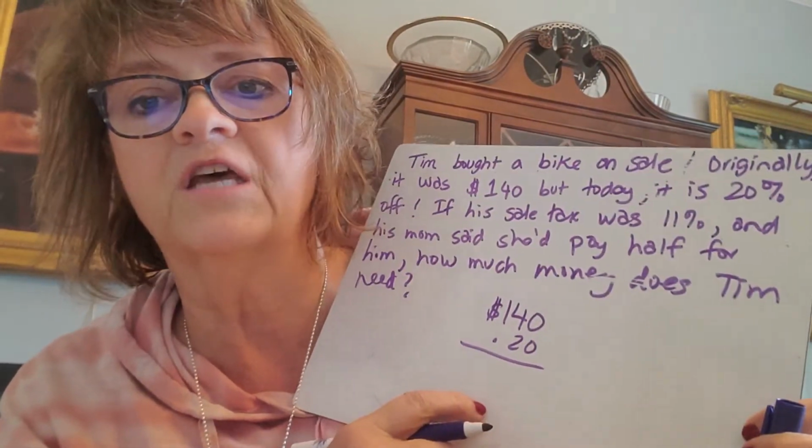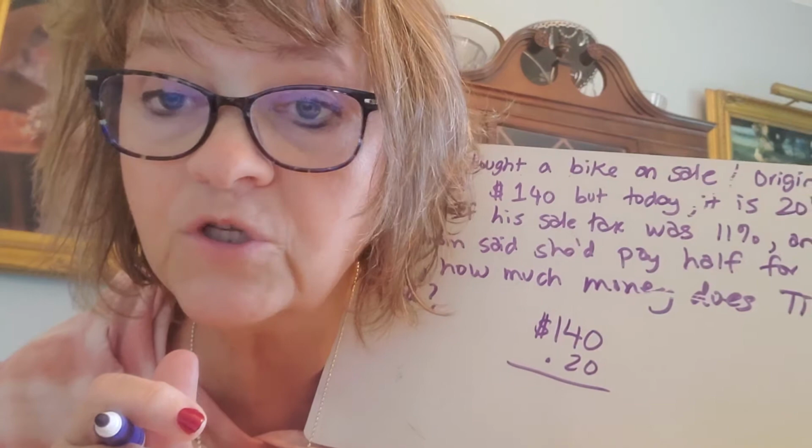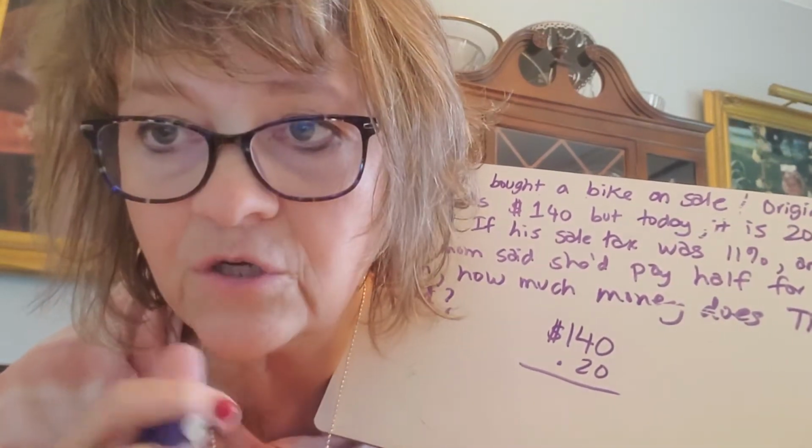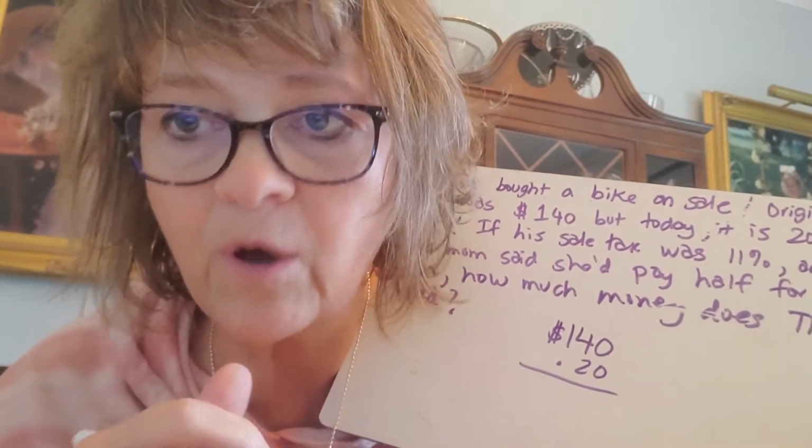I'm going to do my 20%. So I'm going to pause while I multiply 140 times 0.20. You could also do it by 0.2. So go ahead and do that while I'm doing it. I'm going to do it really slow.